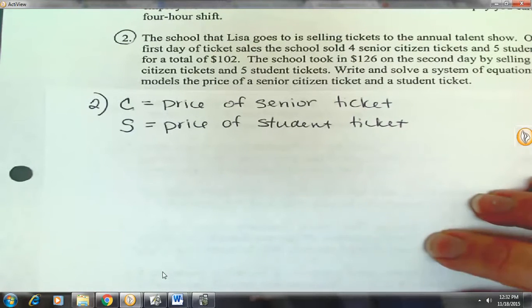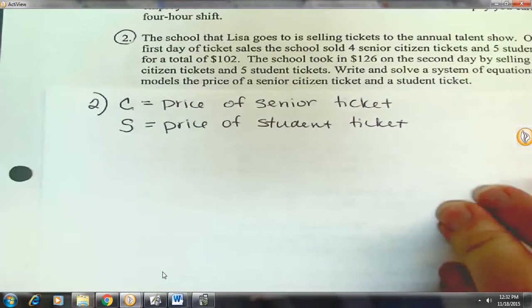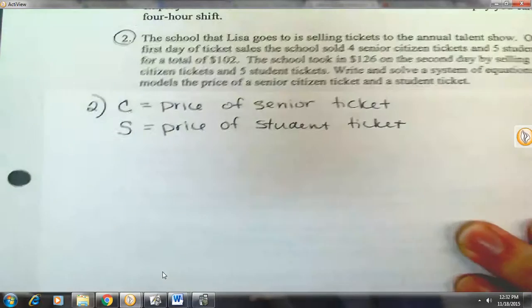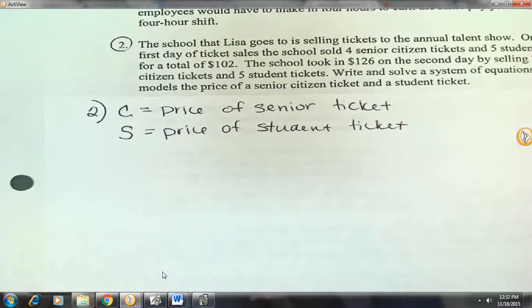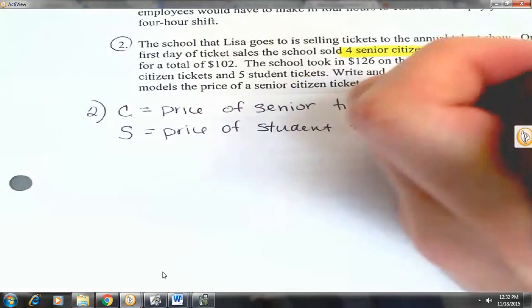Okay, so we know that the first day they sold 4 senior citizen tickets and 5 student tickets.